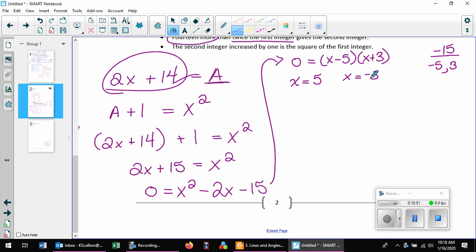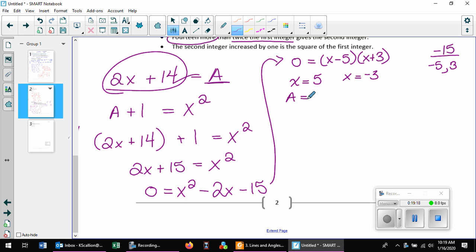Are those both integers? Yes. Am I done? No, because I have to solve for A, right? So when x is 5, what's A? 24. Are you sure? Did you do that in your head? For those of us who are just catching up, substituting 5, I'm going to assume into the first equation because it's nice and simple.